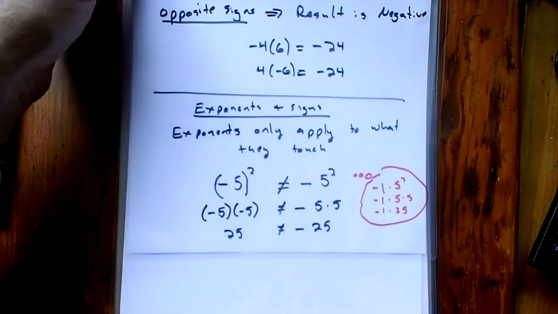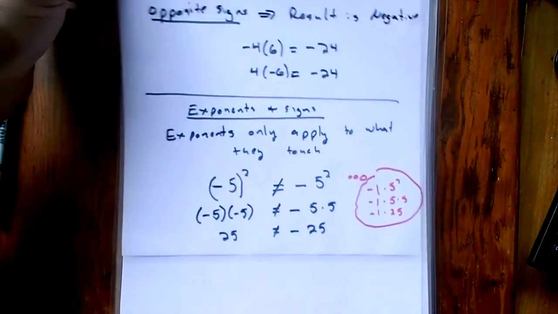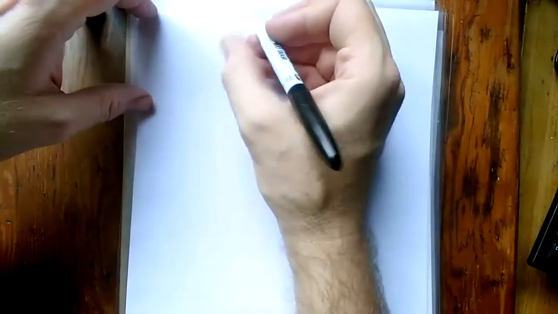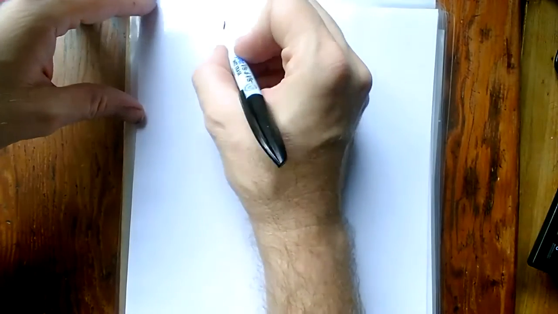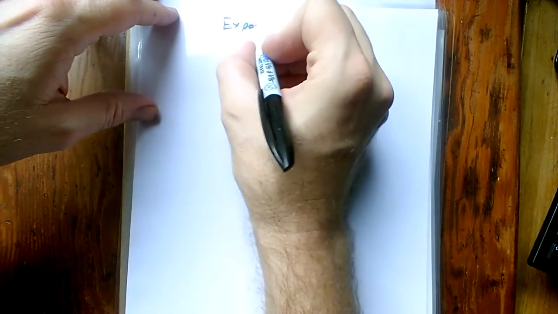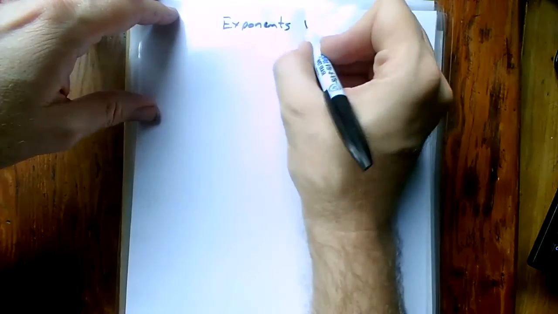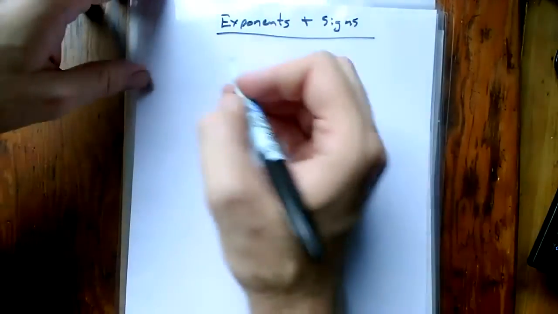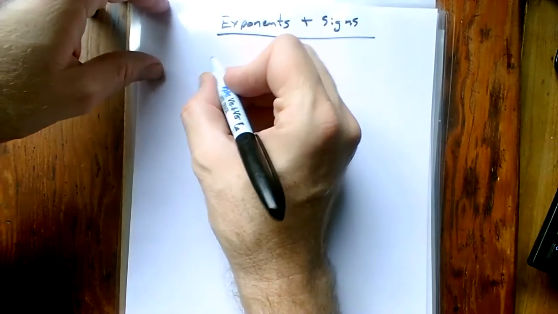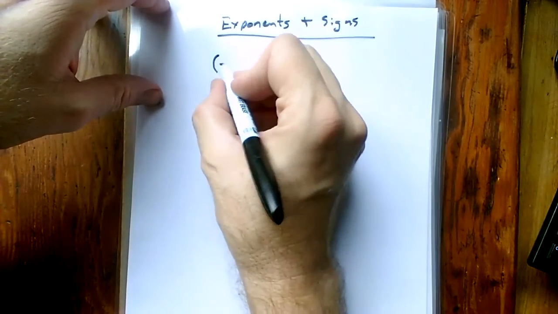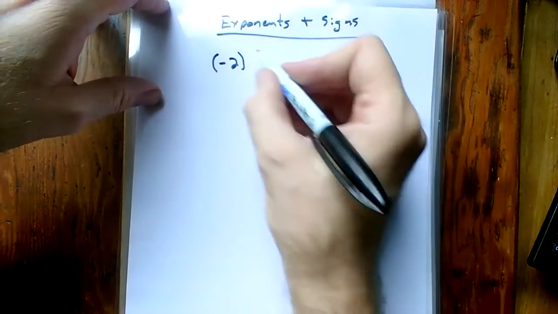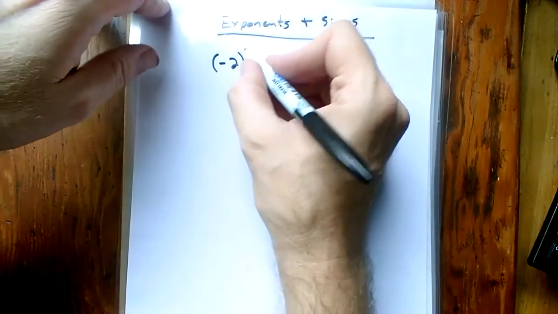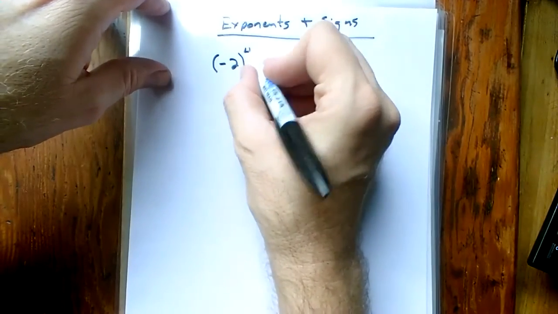Another brief note on signs and exponents. This one is hopefully fairly intuitive. This applies to stuff inside a set of parentheses. Say I've got a negative number, and I have this to an even exponent, so I'll do it to the fourth power.